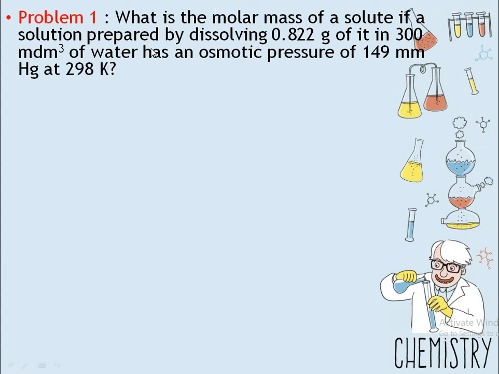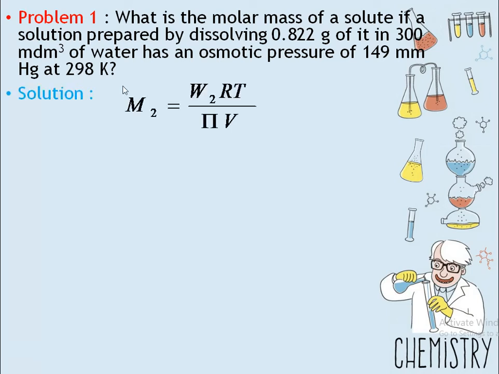So a solution is prepared by dissolving 0.822 gram of solute in 300 milli dm cube, meaning milliliter, of water. Osmotic pressure is given 149 mmHg at 298 Kelvin.